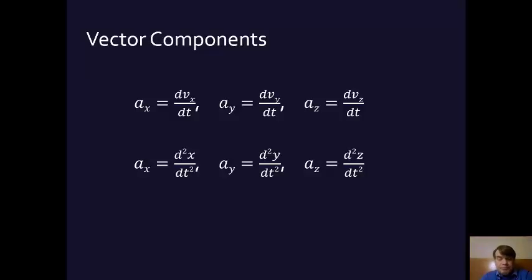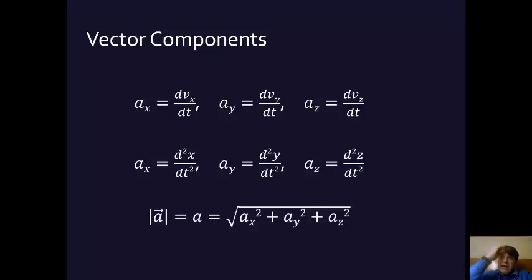Okay, so we can also apply some of the formulas that we had in the previous chapter. I didn't do the angle here. It would be very similar to what we did in the last chapter to figure out what the angle of an acceleration is. But if we take the components of acceleration, square them and add them, and then take the square root of that, then you're going to get the magnitude of the resultant acceleration.